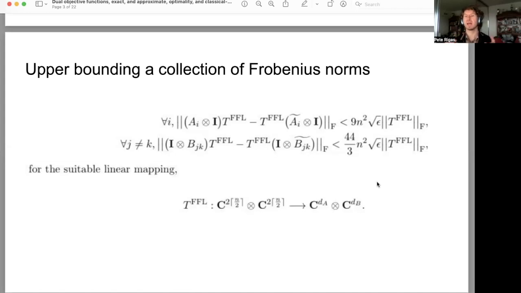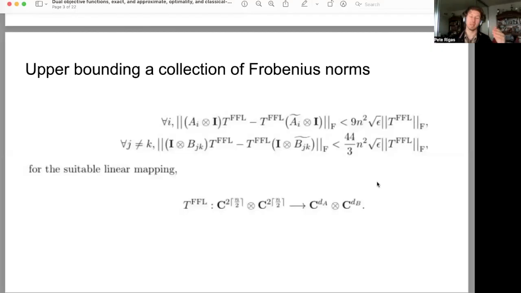That had a strict upper bound in terms of the Frobenius norm of this suitable FFL linear operator, with a prefactor of the square root of epsilon, namely the square root of epsilon approximality condition, in addition to some real number multiplied by little n squared, namely little n raised to the number of players in the game.